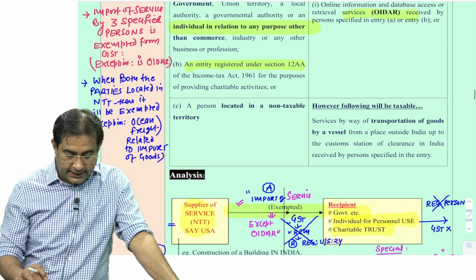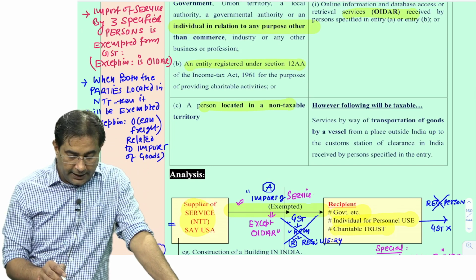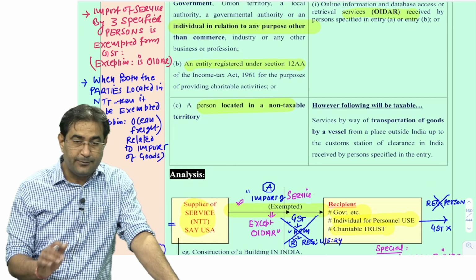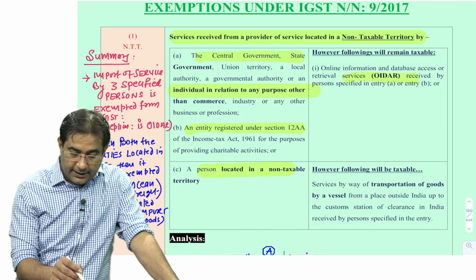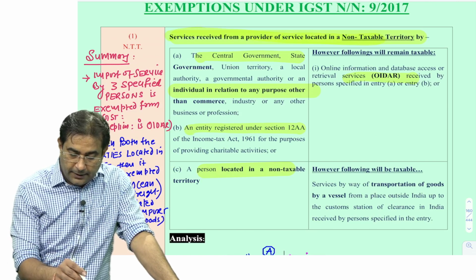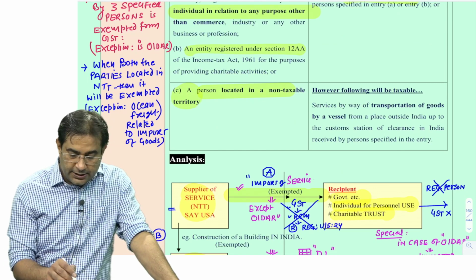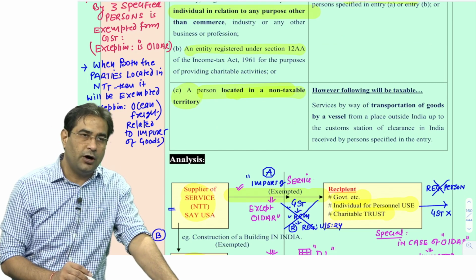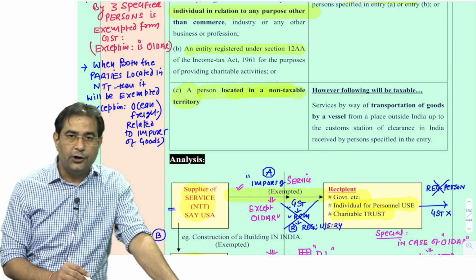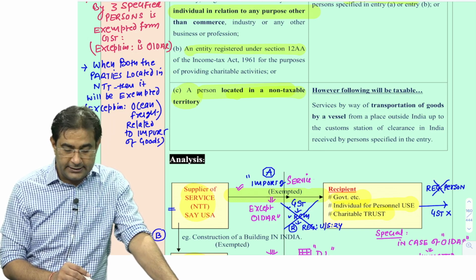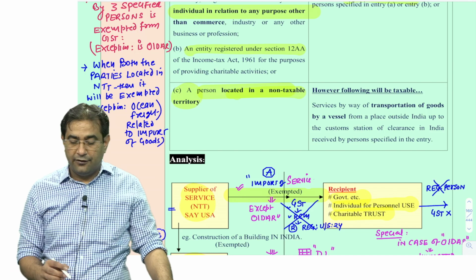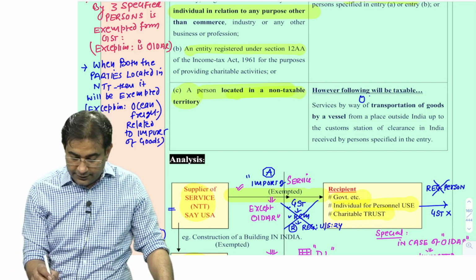Second, person located in non-taxable territory. Second point is, supplier belongs to outside India and the recipient person also belongs to outside India, that is both the parties located outside India, then it will be exempted, but exception thereof is ocean freight.